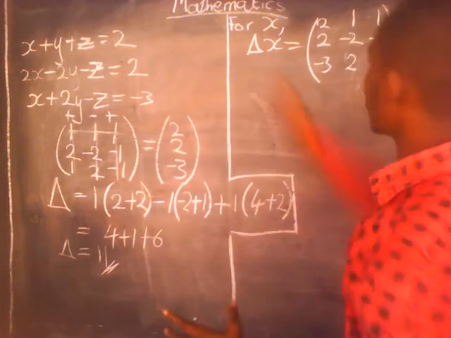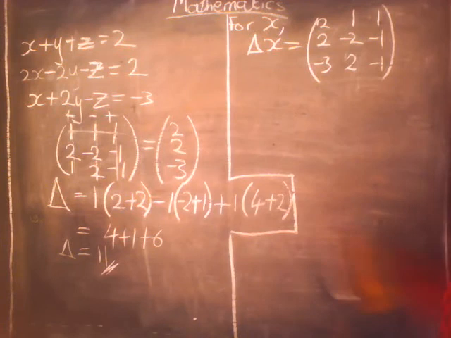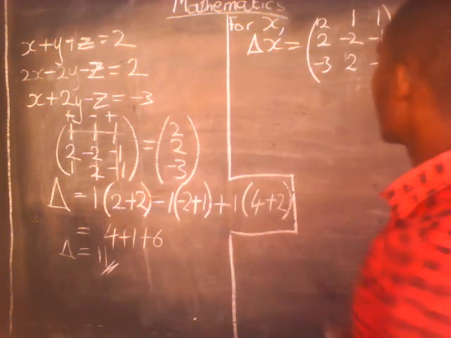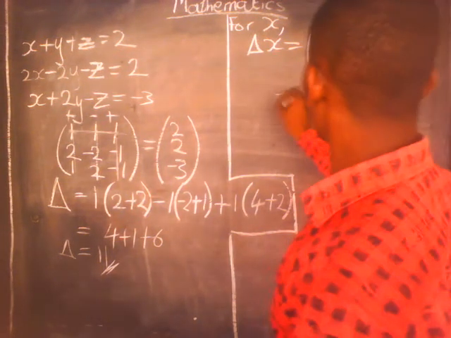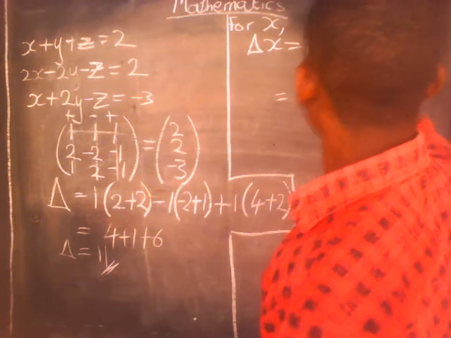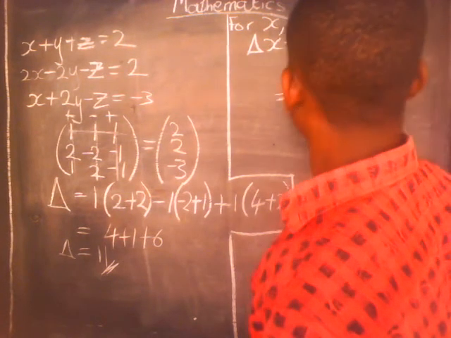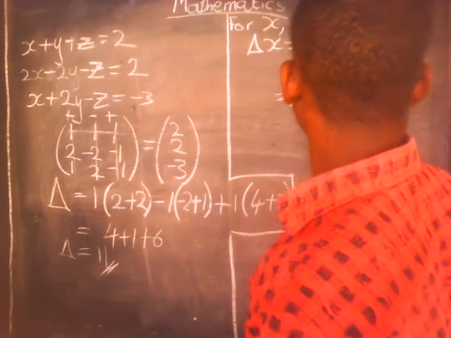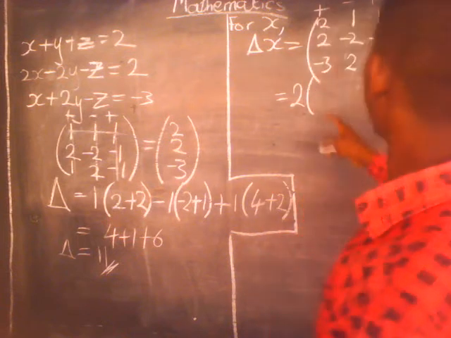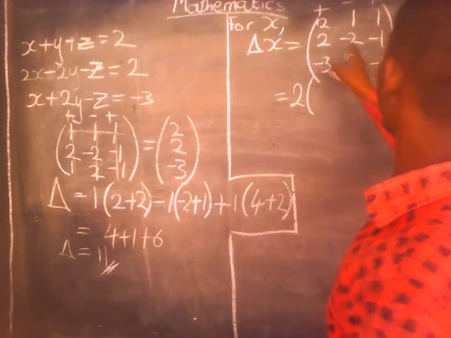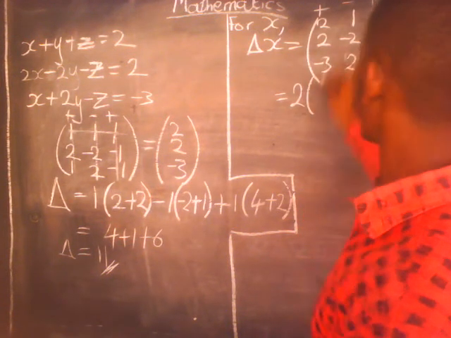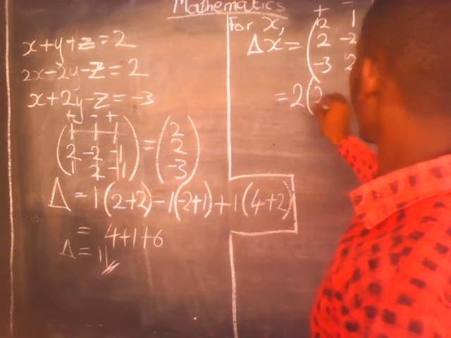Here I've replaced the column for x in this matrix with the answers over here. So I'll solve for the determinant of x before dividing by the determinant to get the value of x. So this will be equal to the same plus, minus, plus. So I have plus 2 brackets. The whole of this column will be blank, so I'll be having minus 1 times 2, minus 1 times minus 2 will give me plus 2.